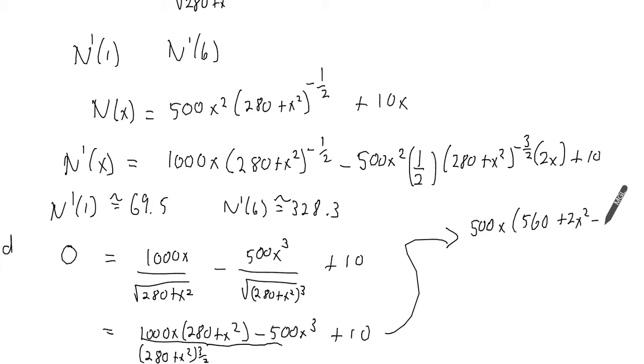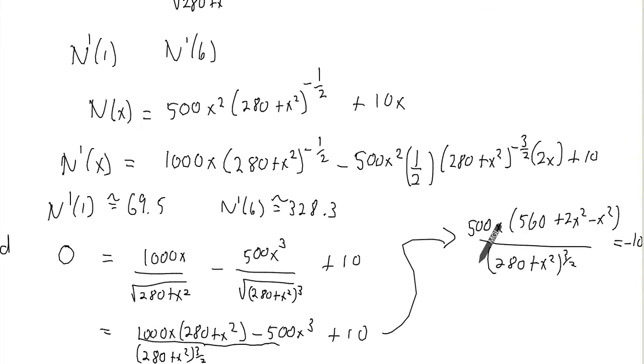I'm going to get a minus, well, I took out 500x, so minus x squared, all over 280 plus x squared to the power of 3 over 2. I still have this plus 10. I'll move it to the other side, equals minus 10.